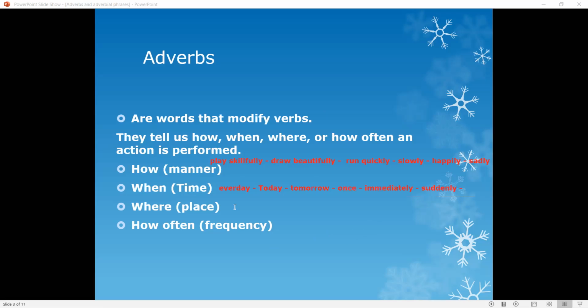Place adverbs like outside, inside. He's standing. Where is he standing? Inside the class. He is punished. Where is he punished? Outside the class. All right. Also here and there.